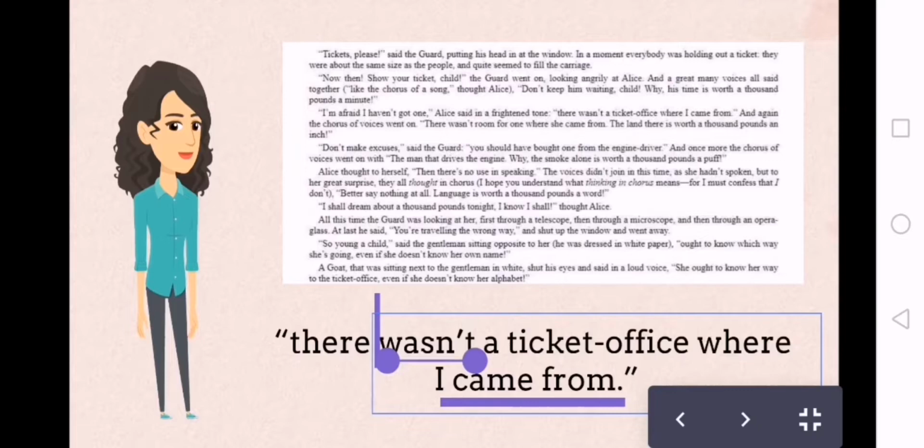So our relative clause is "where I came from." This is a defining clause because it is giving essential information. Because if the sentence was "there wasn't a ticket office," we would ask, where wasn't a ticket office? So it tells us where the person came from. So it is essential for the one that doesn't know where this place is.